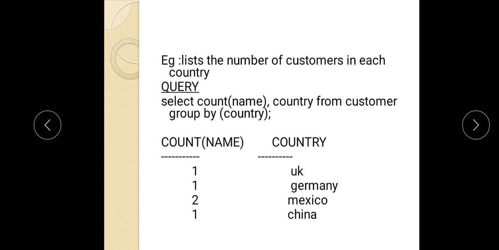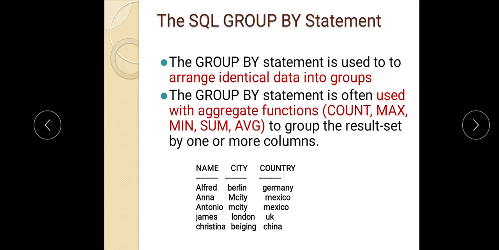List the number of customers in each country, using the same table that we have seen previously. So from this table we are going to select the number of customers in each country.